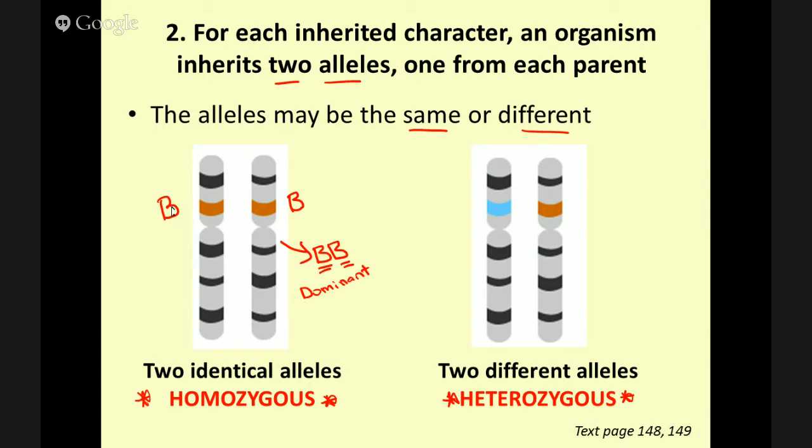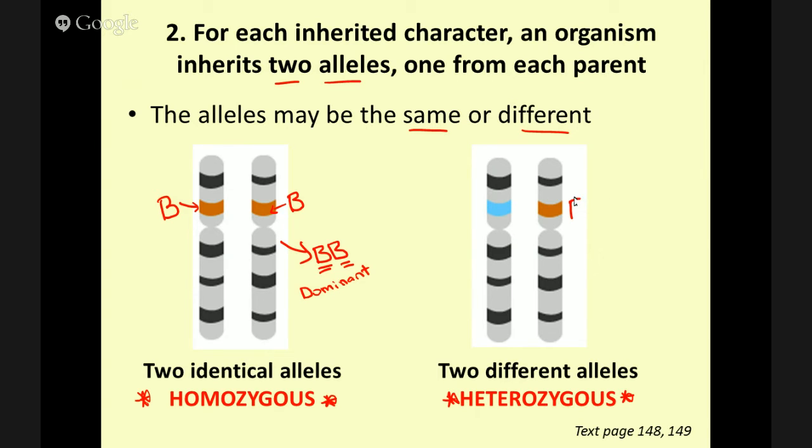So when we do genetics problems, we designate a letter that's going to stand for that particular genetic trait or that particular gene. Just like I put a big B here for brown eyes, a big B here for brown eyes. Now this person has two different alleles.